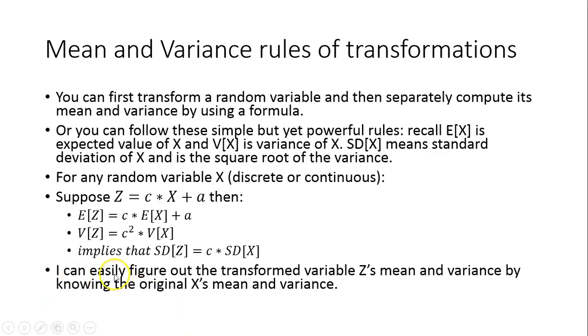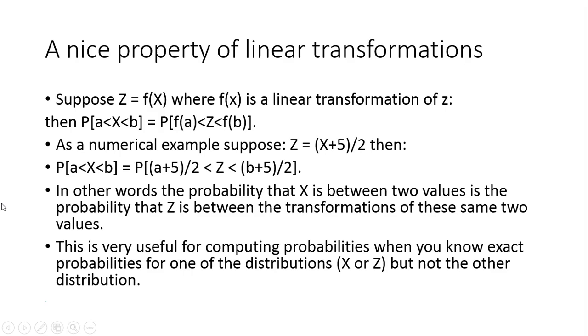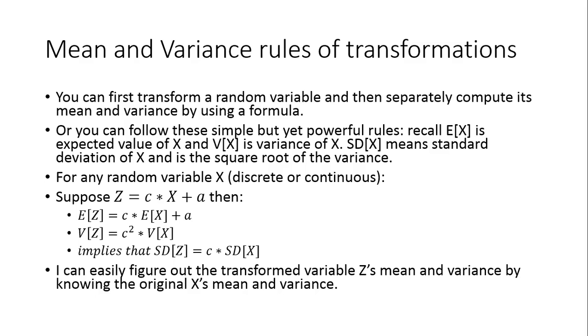So I can easily figure out the transformed variable z's mean and variance by knowing the original x's mean and variance. I'll give you an example here, just so you're in tune with what's happening.